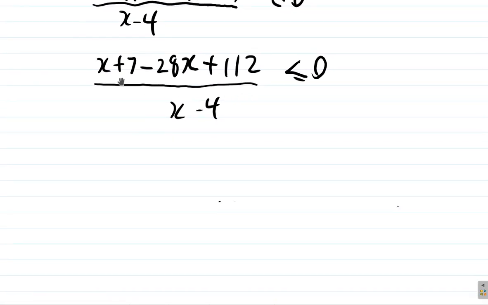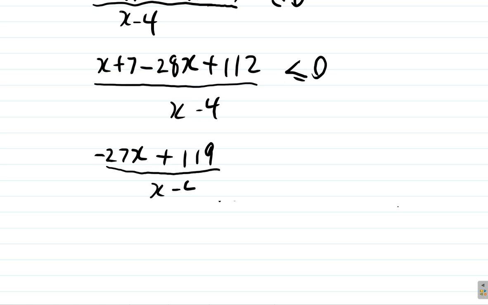Alright. So what we're going to do now? x minus 28x is negative 27x. 112 plus 7 is going to be plus 119. Alright. Over x minus 4 is less than or equal to 0.